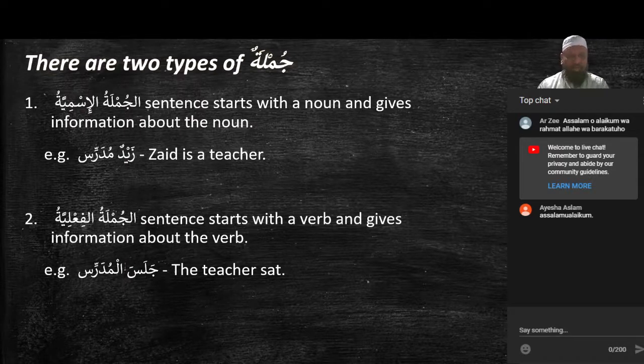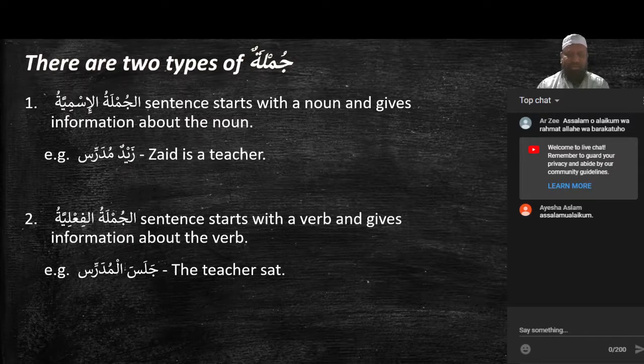Number one, al-jumlatul ismiyatu. The sentence starts with an ism. And number two, al-jumlatul fi'liyatu. Sentence starts with a fi'l. Understood these two types of jumlas? Number one, al-jumlatul ismiyatu.